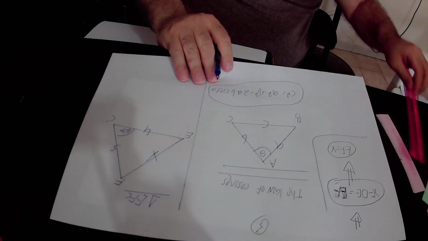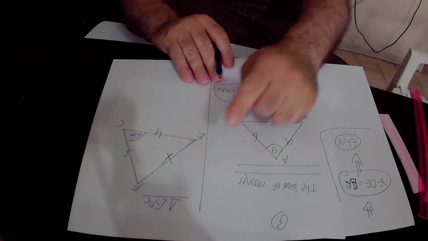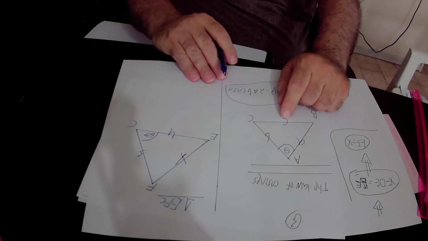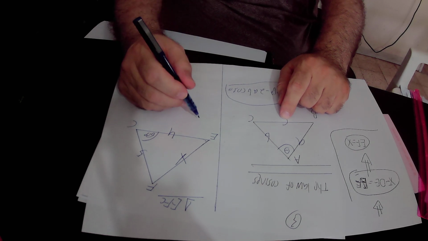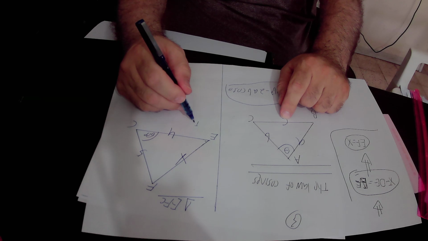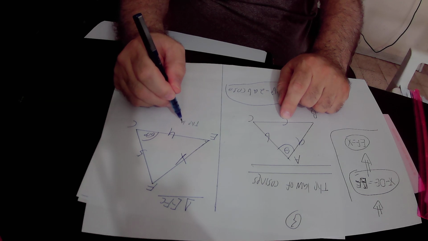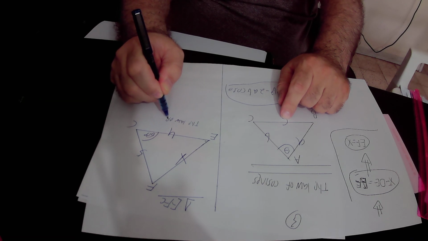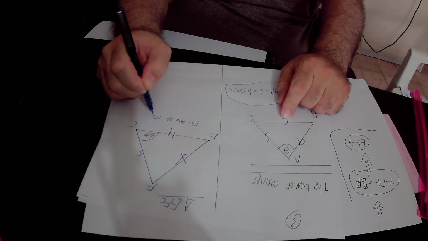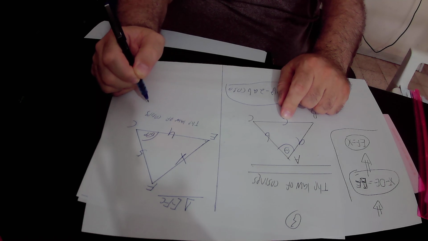So this is triangle EFC that I copied from the original drawing. So we will implement the law of cosines in this triangle, triangle EFC.